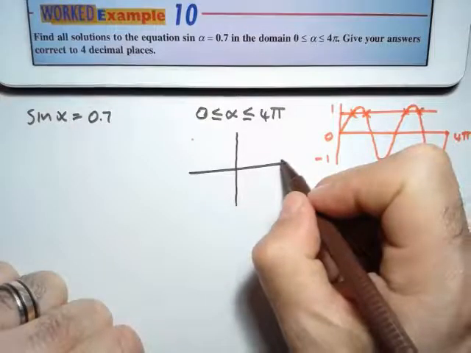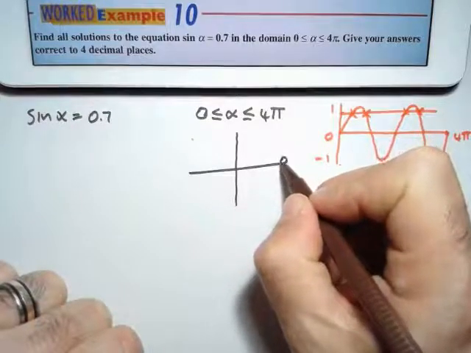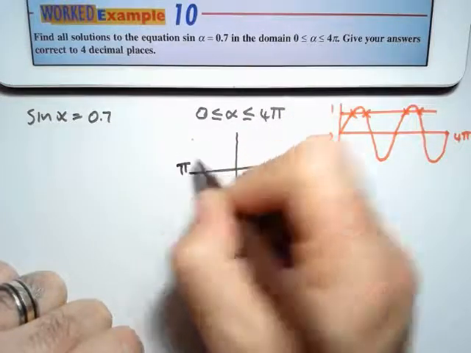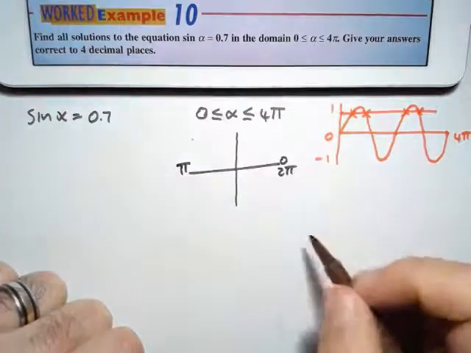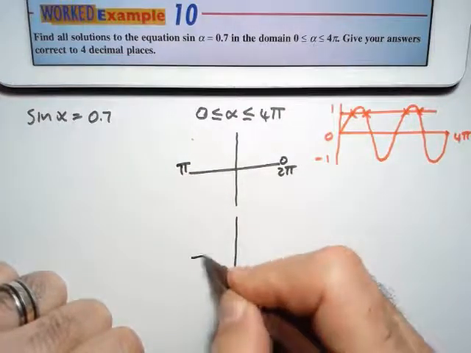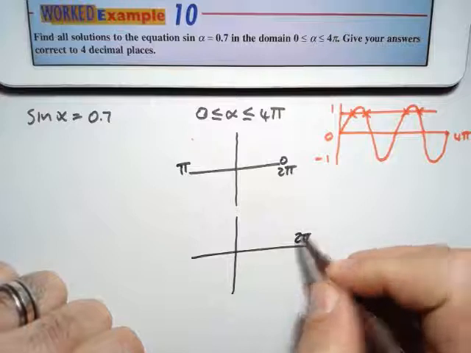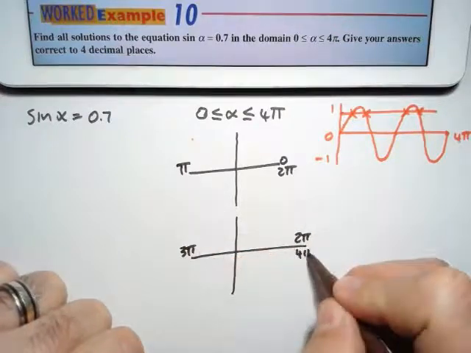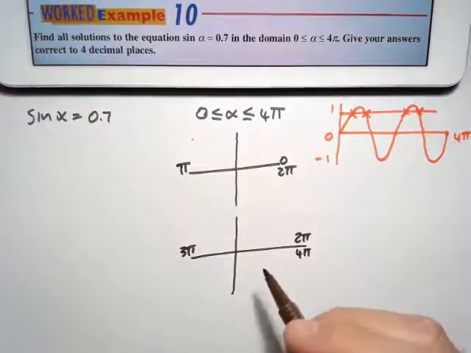My first CAST diagram is going to go from 0, in the positive direction, to pi, then to 2 pi. And then I'm going to have the same thing again. I'm going to start at 2 pi, then go to 3 pi, and then to 4 pi. So that's 2 revolutions.